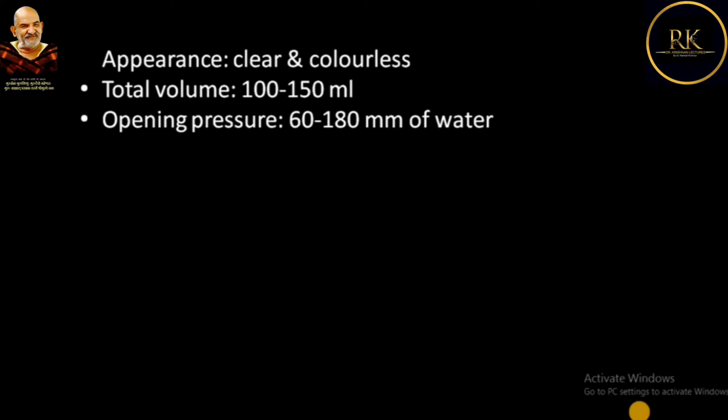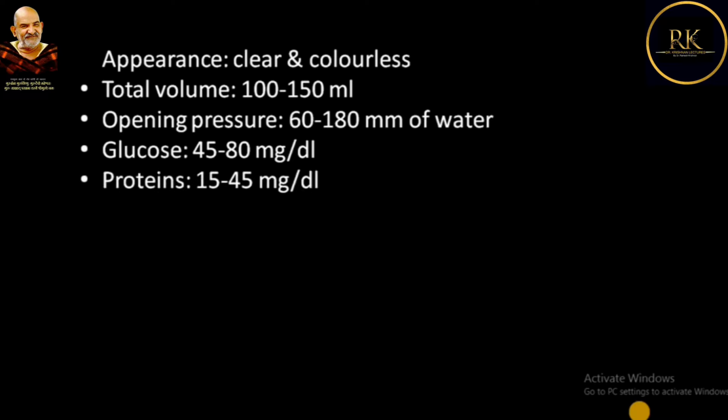Glucose content is 45 to 80 mg per deciliter. Protein content is 15 to 45 mg per deciliter. Chloride content is 120 to 130 milliequivalent per liter.